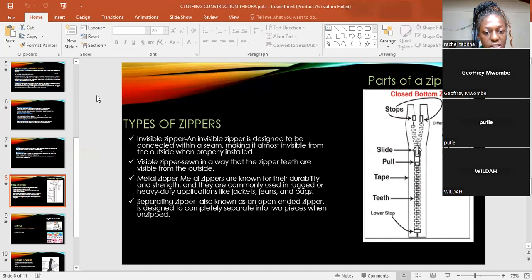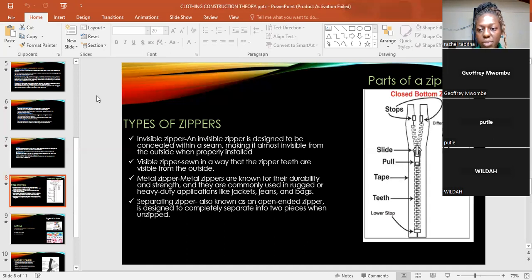With visible zippers, the zipper teeth are visible from the outside. Metal zippers are put on jackets, jeans, and bags. Separating zippers, also known as open-ended zippers, are designed to completely separate into two pieces when unzipped.